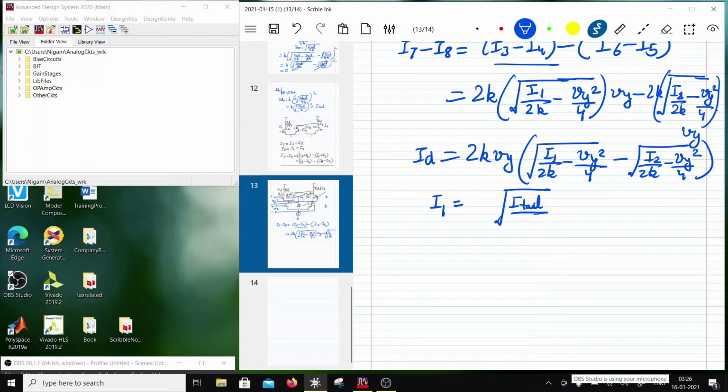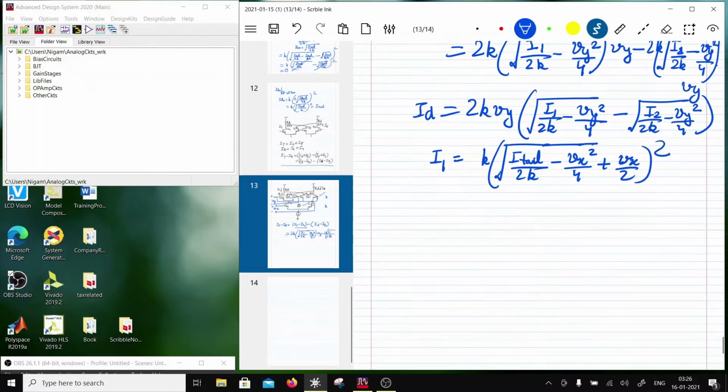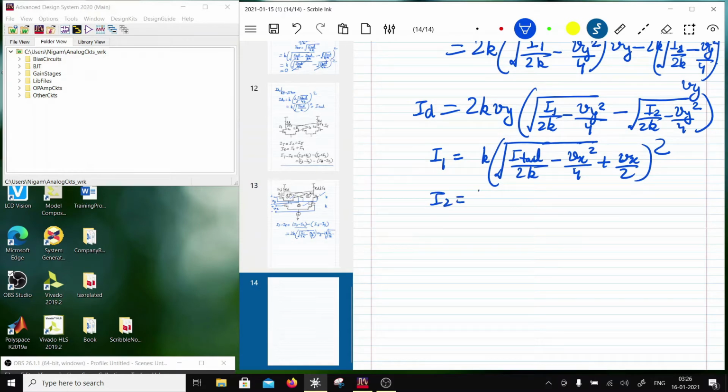I1 will be equal to K times of root of I tail by twice of K minus the differential input, right? In this case it will be Vx square by 4 plus Vx by 2 square, isn't it? And I2 will be equal to K times of root of I tail by twice of K minus Vx square by 4 minus Vx by 2.